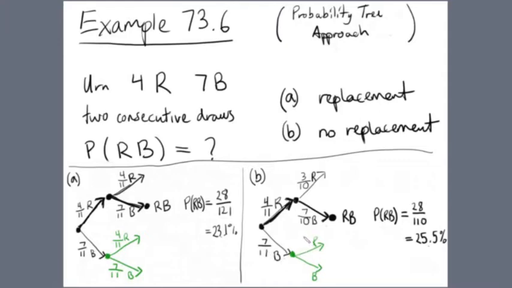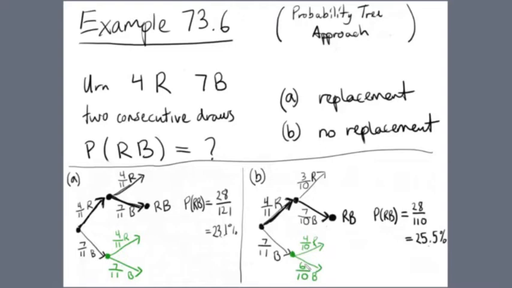Well, there's still 4 red marbles, but there's only 10 marbles left in the urn, so 4/10. And what's the chance of drawing a blue marble on the second draw, given that we've drawn a blue marble on the first draw? Well, there's only 6 blue marbles left because one of them has already been drawn. And there's only 10 marbles in total, so 6/10 is the chance of drawing a blue marble on the second draw, given that we drew a blue marble on the first draw.